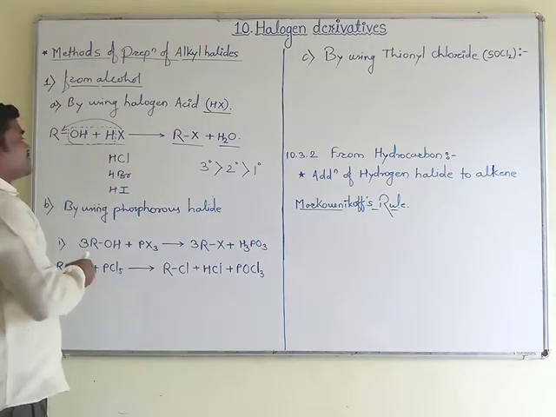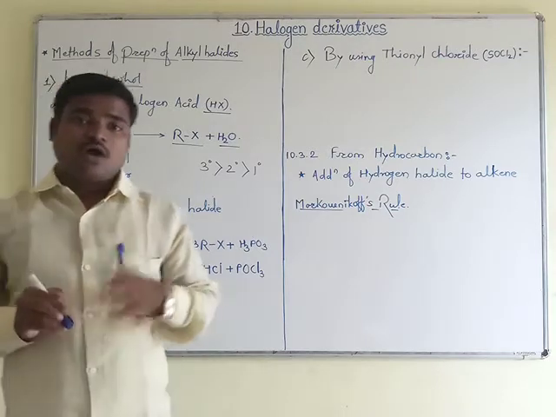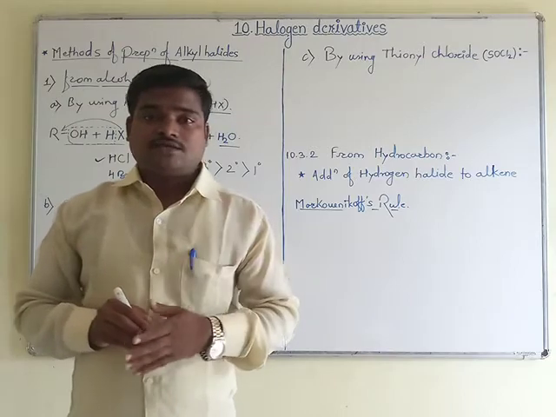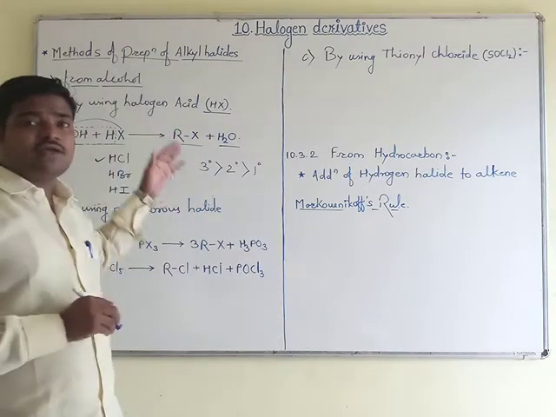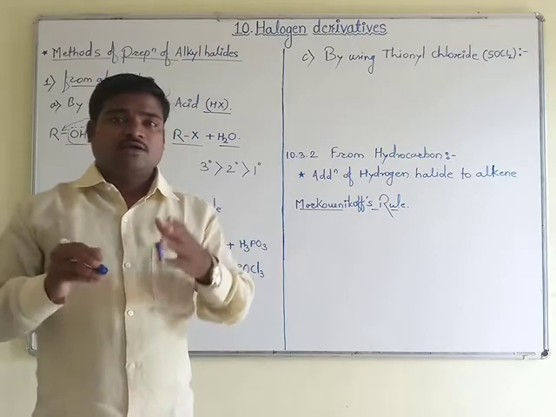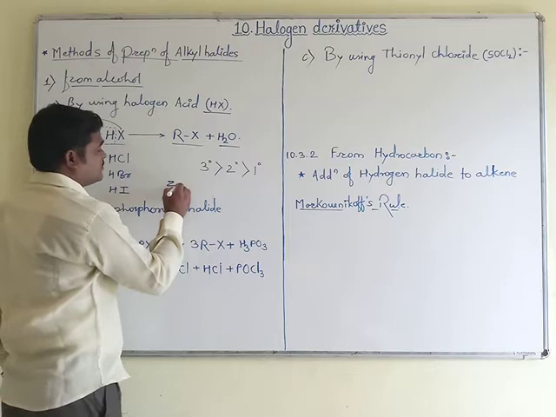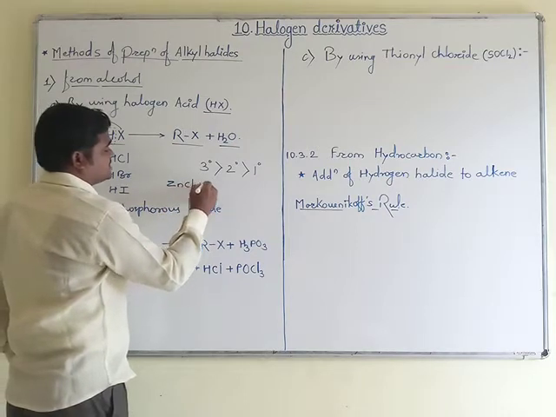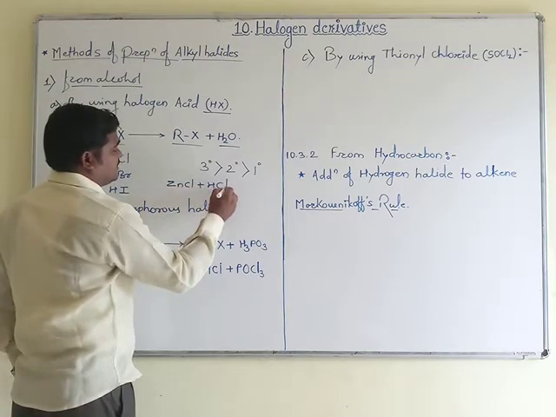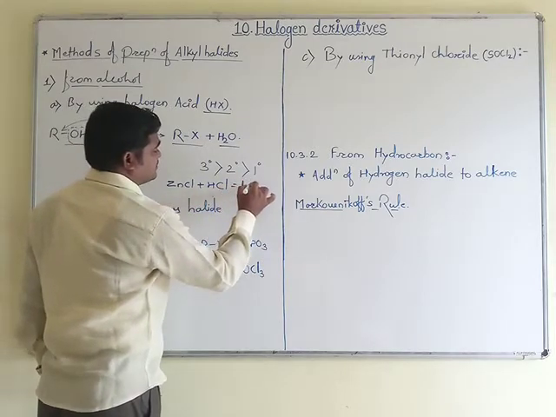and the reagent which we can use here is HCl. Now HCl, how is it prepared? By in situ preparation we can prepare HCl. For that purpose we have to use ZnCl2 plus HCl, and this reagent we are calling a Lucas reagent.